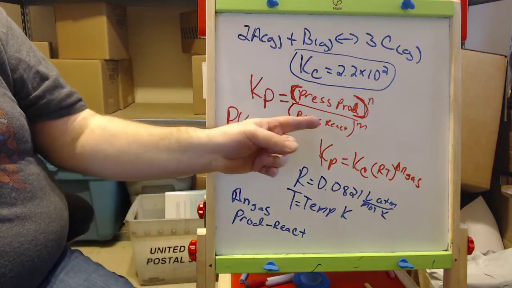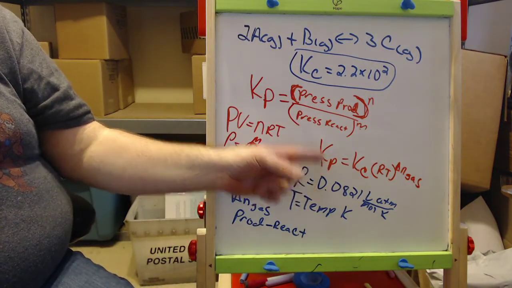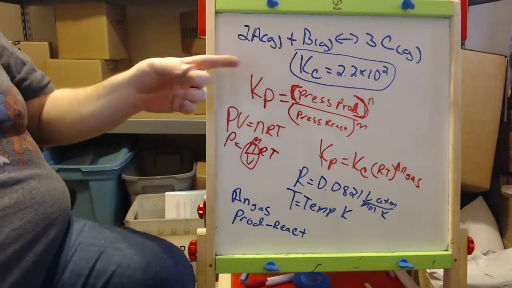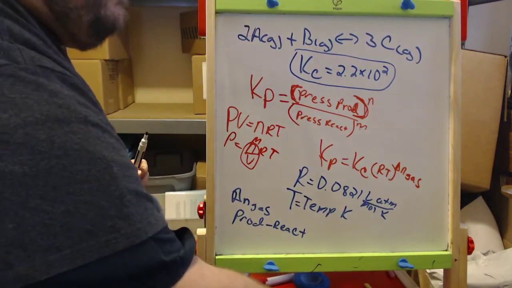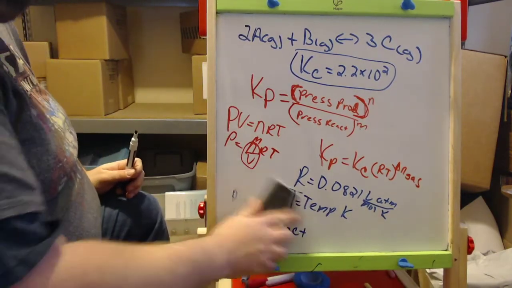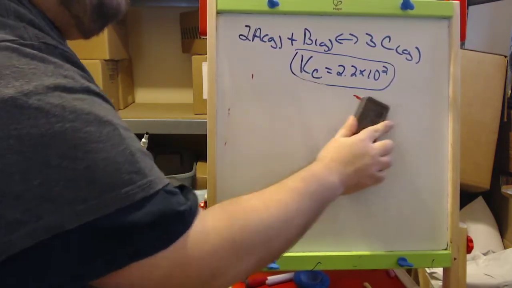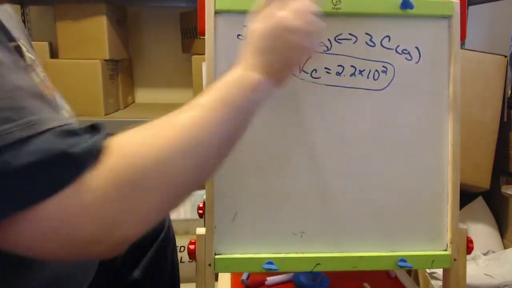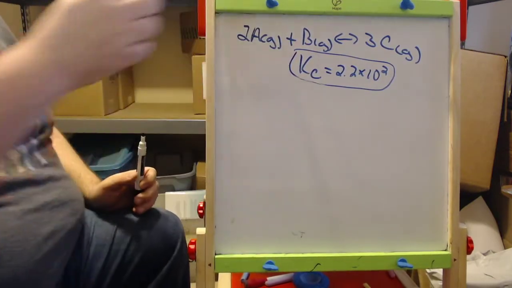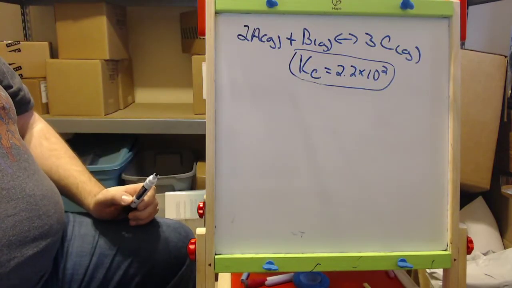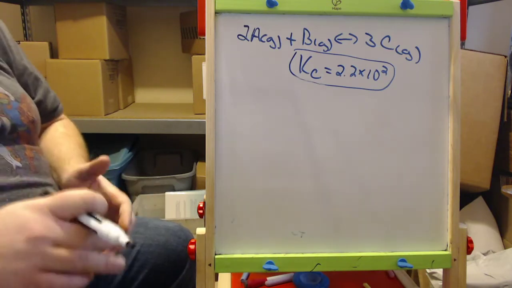So if I were going to use this formula for the equation up top, given that information, I want to know what Kp is for this reaction. Moles of gas.